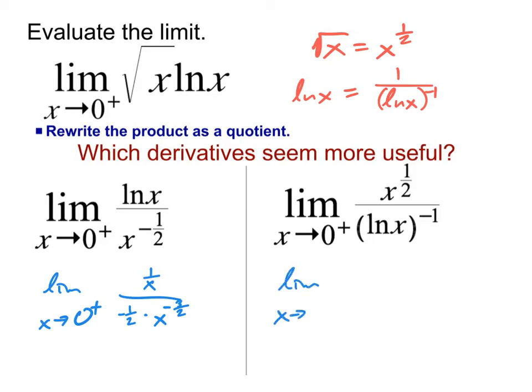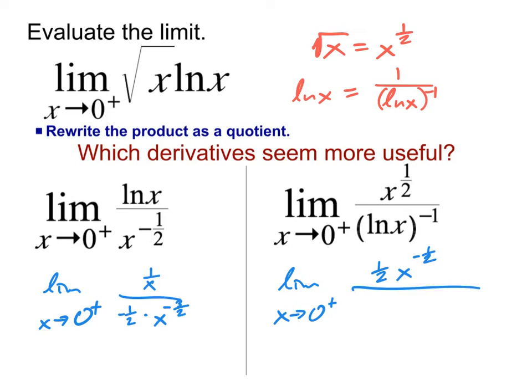So I have the limit as x is approaching 0 from the right. If I take the derivative of the top, x to the 1/2 becomes 1/2 times x to the -1/2, because I'm subtracting 1 from the 1/2 there to get -1/2. And then that would all be over natural log of x to the -1.